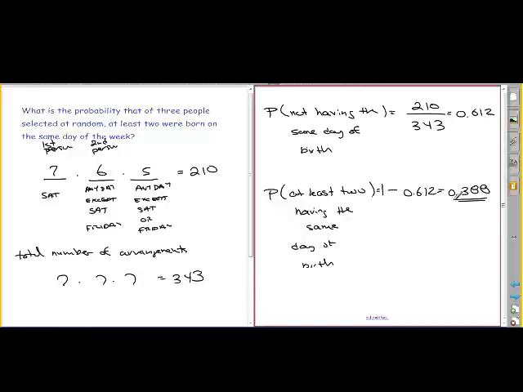You know, the long way of doing this is you could take a spreadsheet and write out all 343 possibilities, and then you could scan through and put a check mark when you see 2 people having the same birthday of the week. That would take a long time.